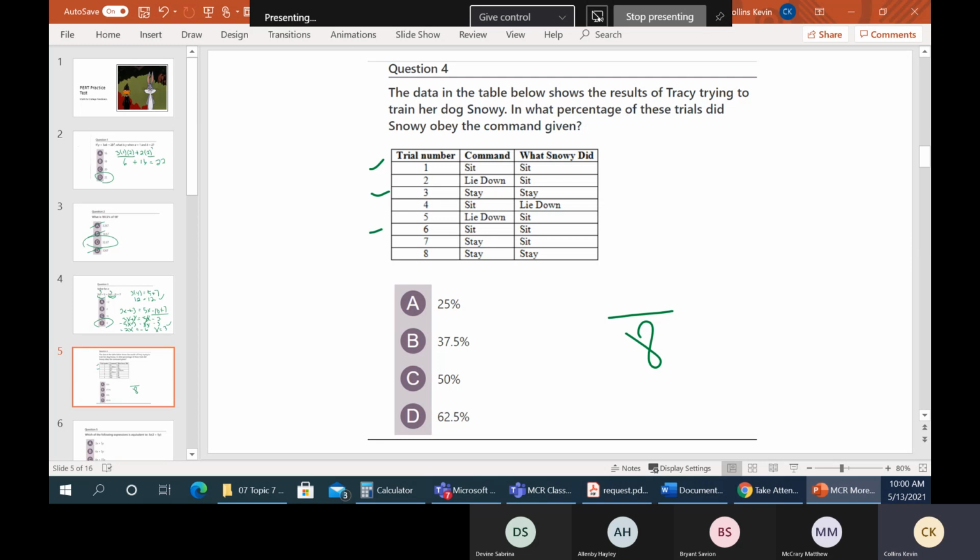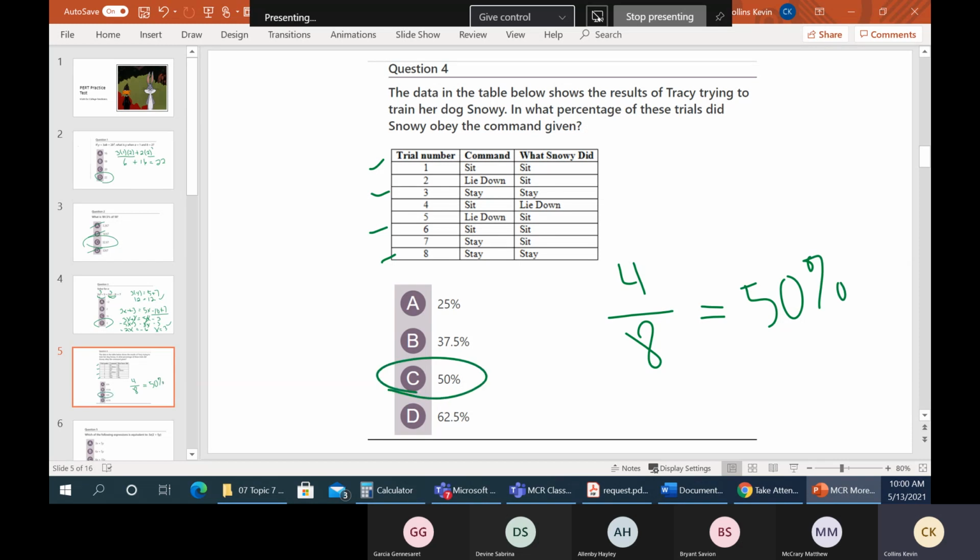And then it looks like 6 was good and 8 was good. So of the 8 trials here, Snowy got 4 of them right. And 4 over 8 as a percentage, that's 1/2, which is 50%. So half the time, Snowy's getting it right. Good.